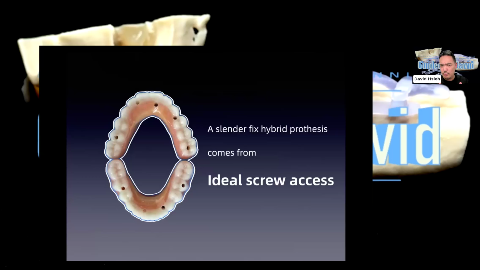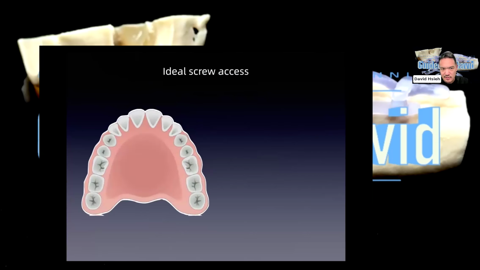So why do we need to put the screw axis right on the arch, right? The reason is very simple: if you place the screw axis right where it should be, you will have a very slender fixed hybrid prosthesis. So it really comes from an ideal screw axis. So where is the ideal screw axis?